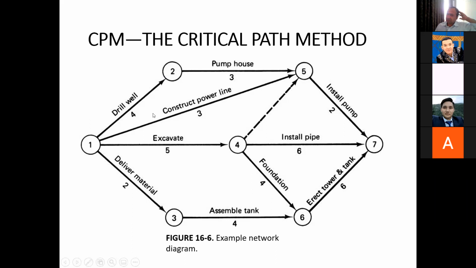The convention for assigning these numbers is that we should increase the number from left to right, or from the tail of the arrow to the head of the arrow. So the numbers should normally be increasing. And the other numbers shown under the line of the arrow are the duration of the activity. So 4 weeks, 3 weeks, 3 weeks.